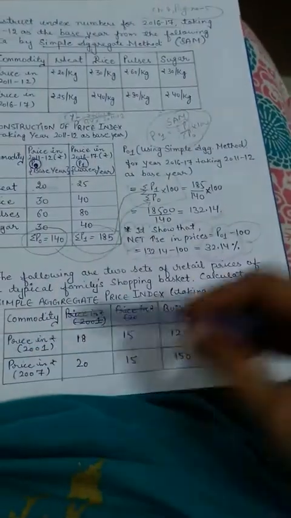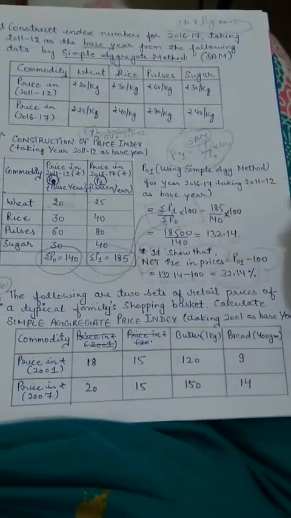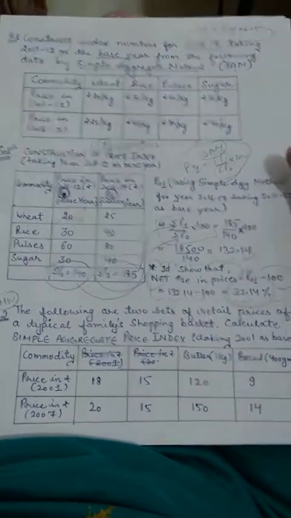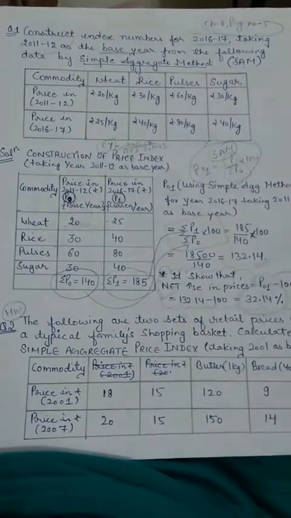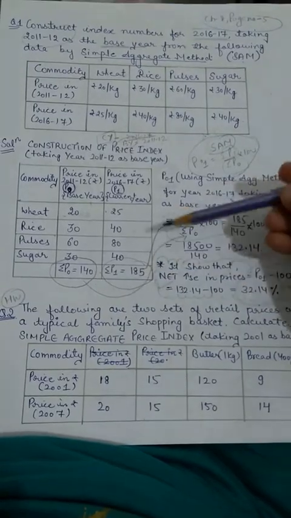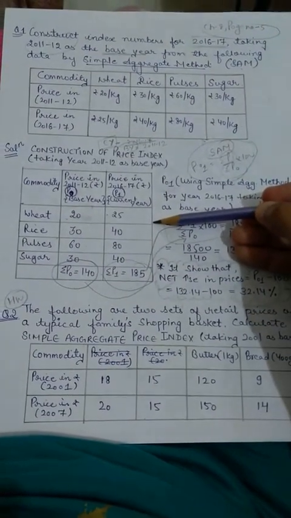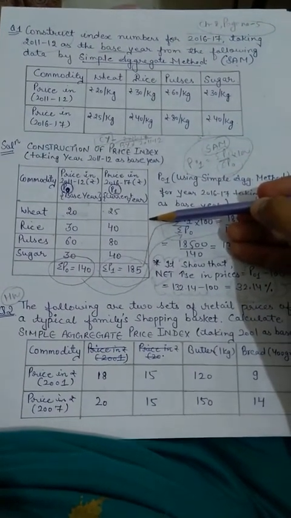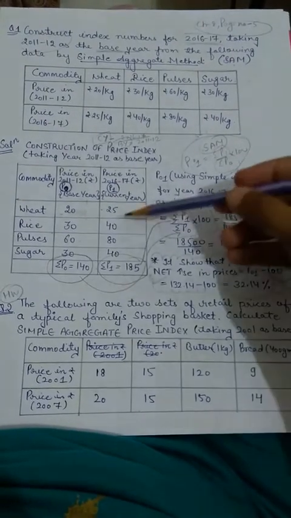Getting it? What will we be doing? Simple, same as question 1. You have to make a table in the same form. Then after making the table you have to do the calculation in a similar form.